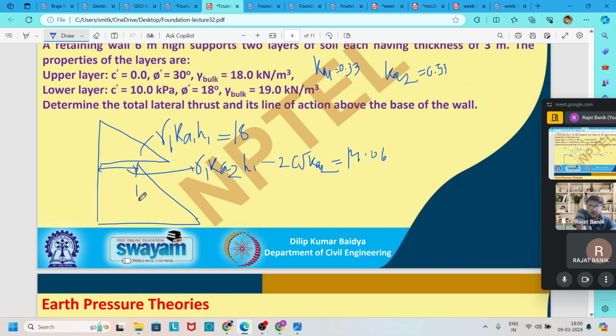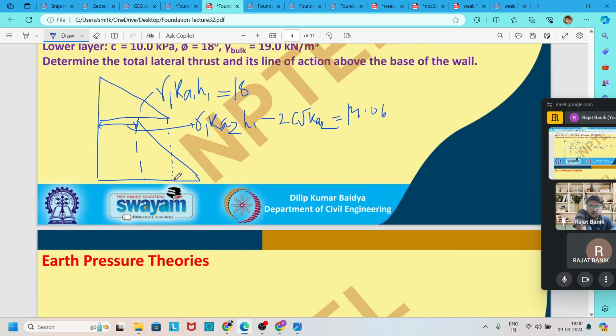Then from here to here it is 0, and here to here it is 14.06.